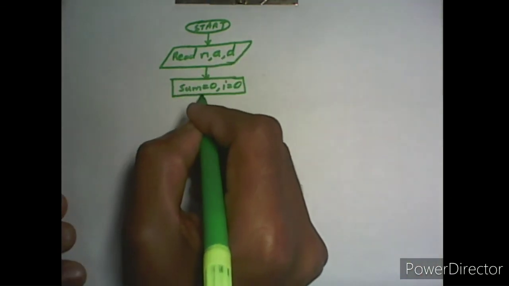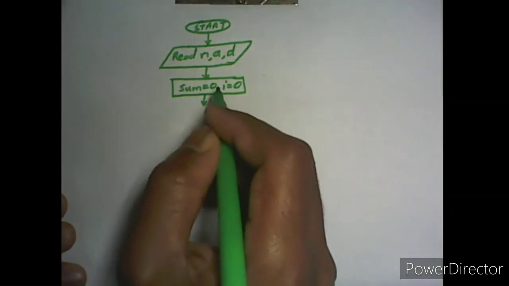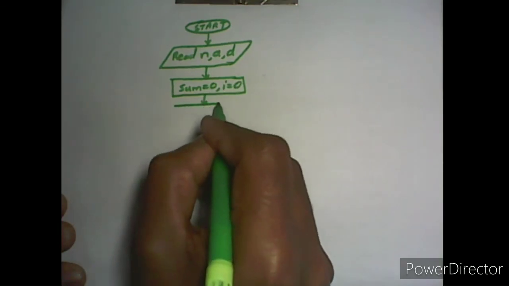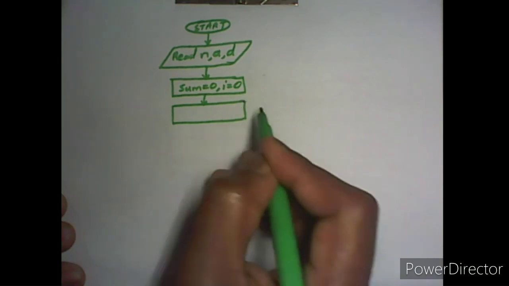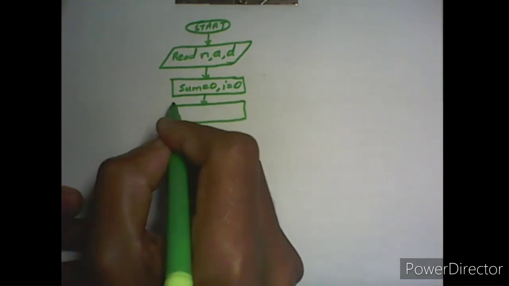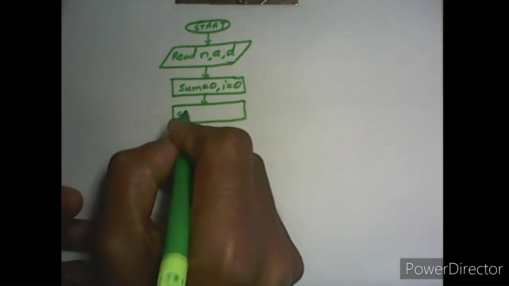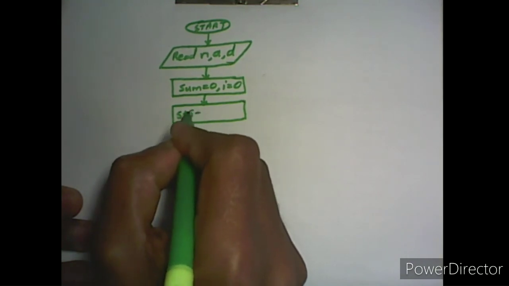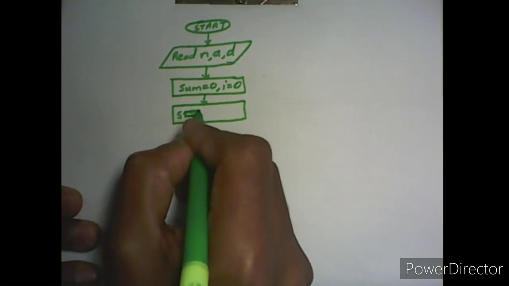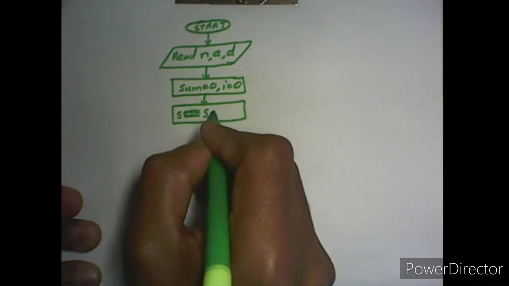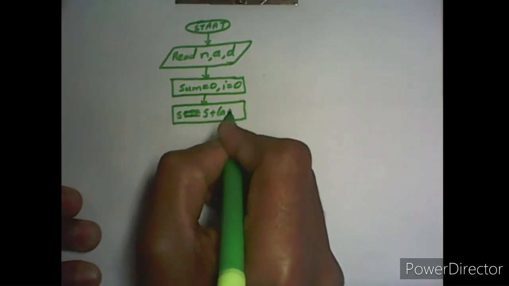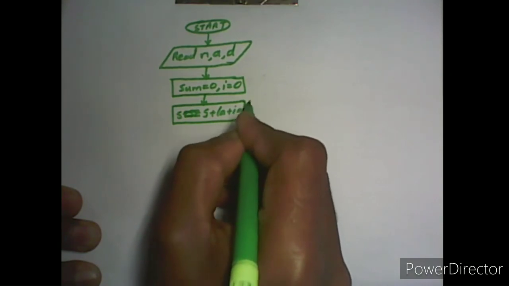After that, we ask the program to do this process. This is exactly from the algorithm that we had done. So we ask it to do s is equal to s plus of a plus of i into d.